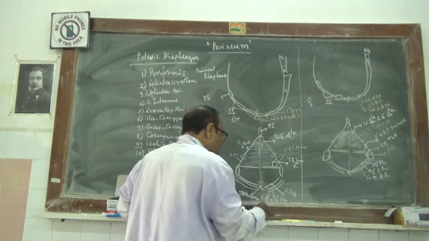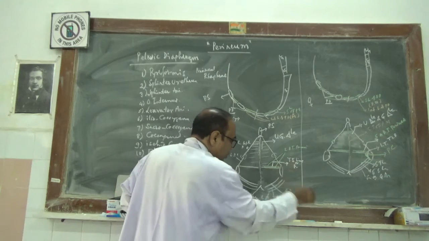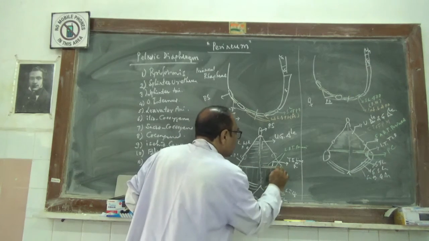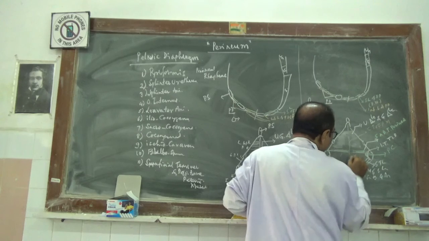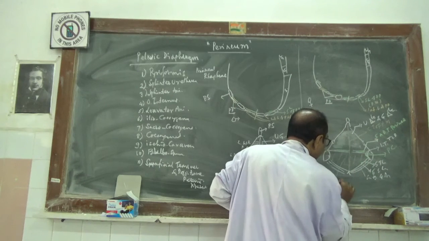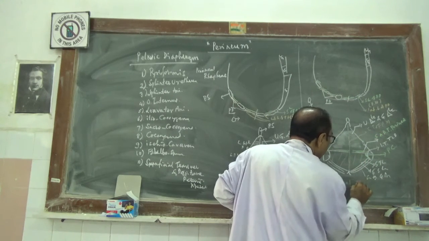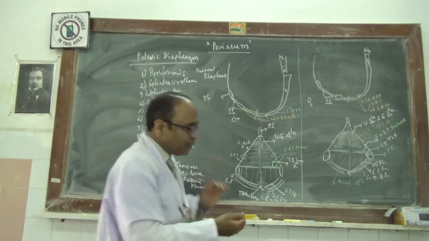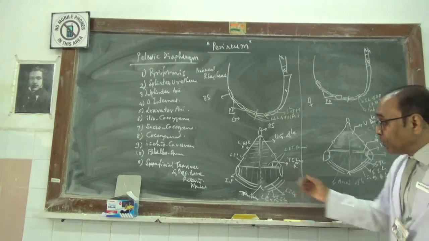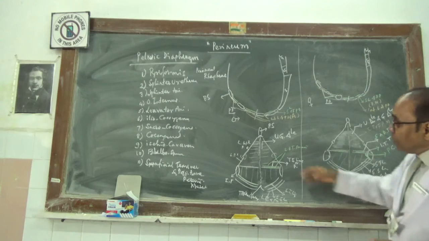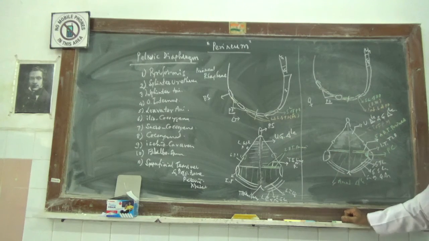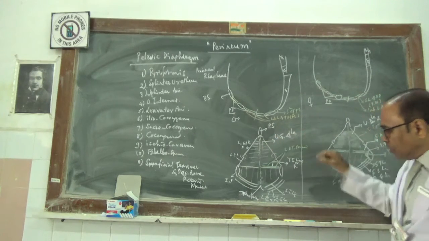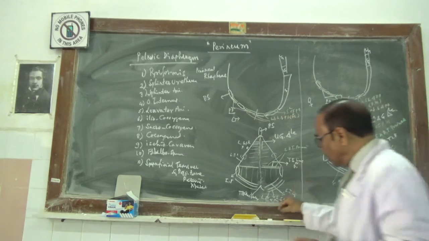But behind and above this trans-ischial line, what will be there? This will be the anal triangle. Now why is it named so? In male, in the urogenital triangle, urinary and genital passages open together.